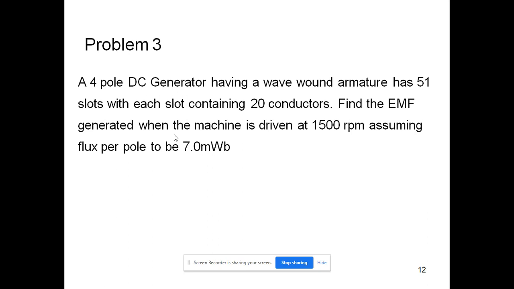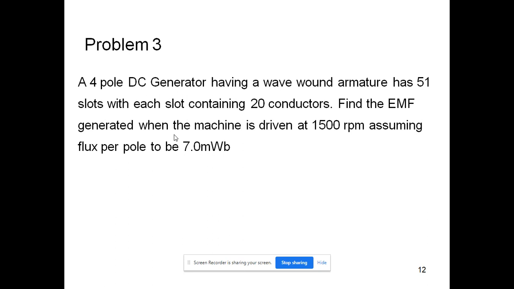Okay, what is the difference between the previous problems and this one? Yes. In the previous problems, it is lap wound DC generators. That is, in lap wound generators, the number of parallel paths is equal to the number of poles.